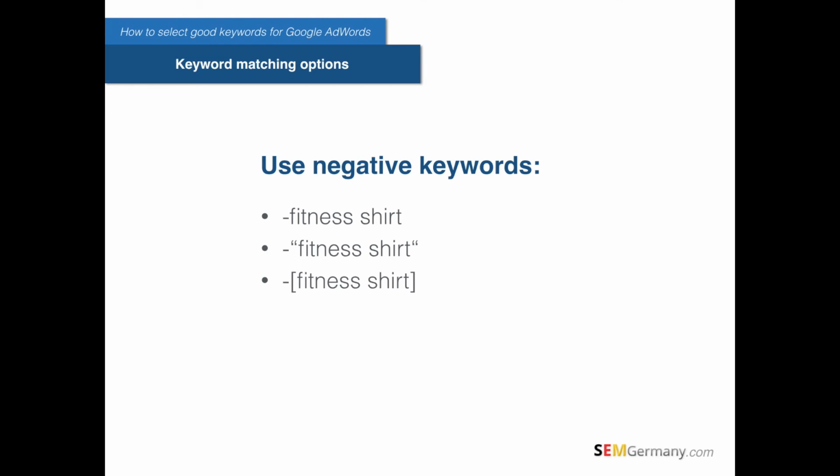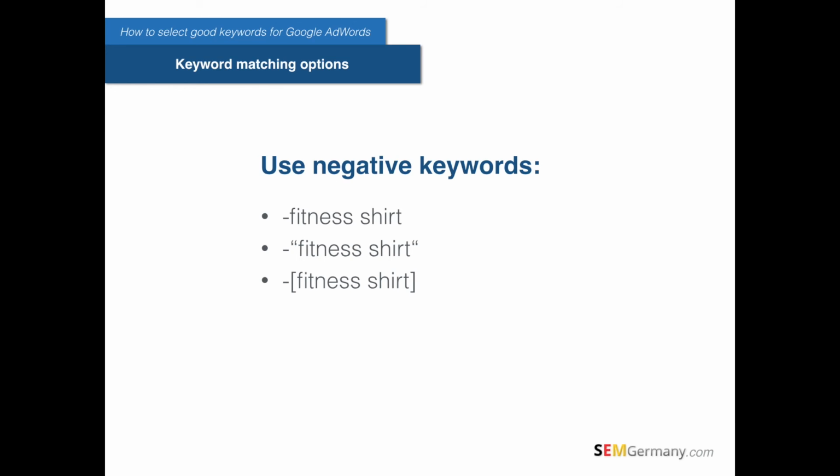And if you add minus fitness shirts in brackets, which represents a negative exact match keyword, it prevents your ad from being shown only if someone searches for that exact term. So also pay attention with this negative option. If someone adds a word in front or behind of the keyword, then your ad will show. With negative exact match, only if the search query is exactly what you defined within the brackets, your ad won't show.